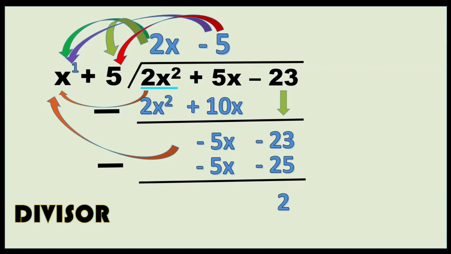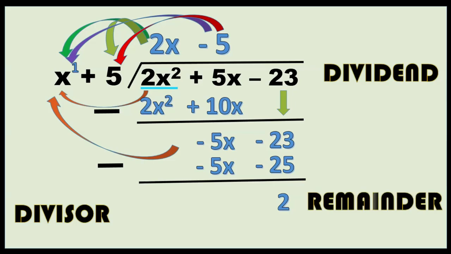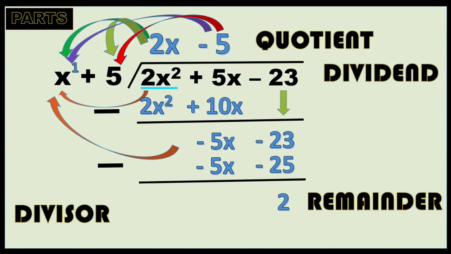So we have the divisor, the dividend, the remainder, and the quotient. These are the parts of dividing polynomials. The divisor is x plus 5, the remainder is 2, the dividend is 2x squared plus 5x minus 23, and the quotient is 2x minus 5.